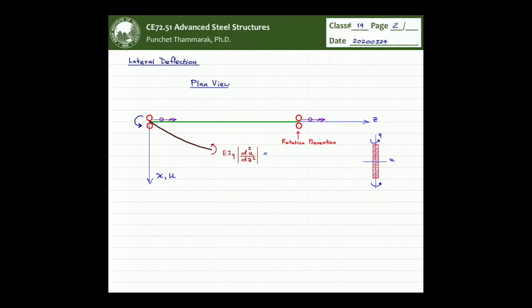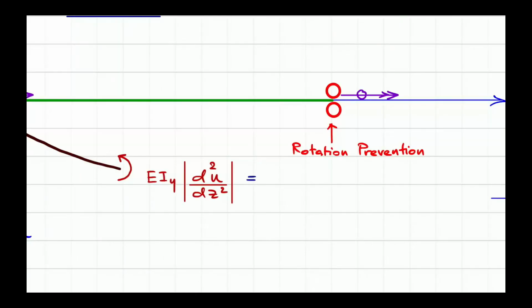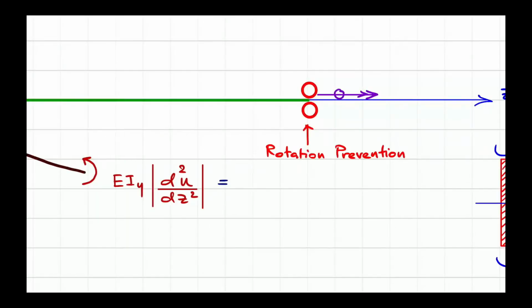As it produces the negative curvature, we need the sign to cancel out that negativeness. So if we want to take out the absolute sign, you will have the minus sign in front of the whole thing.